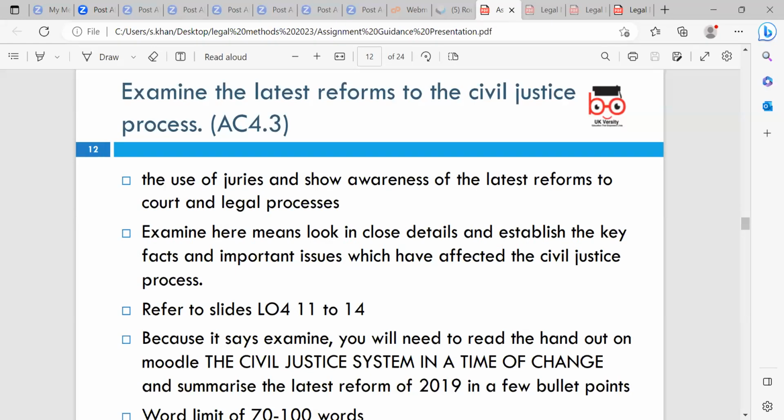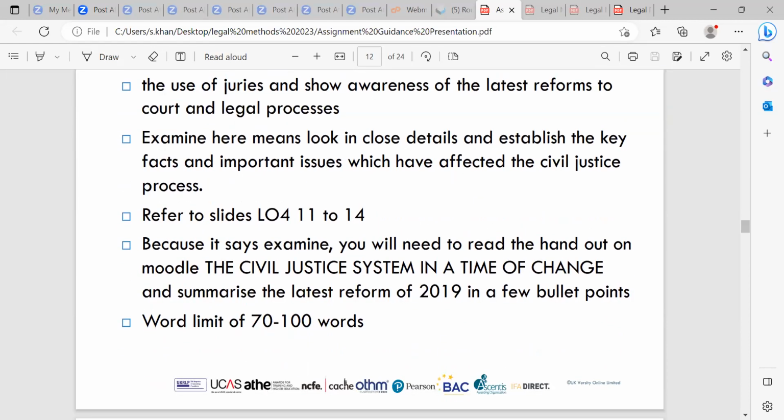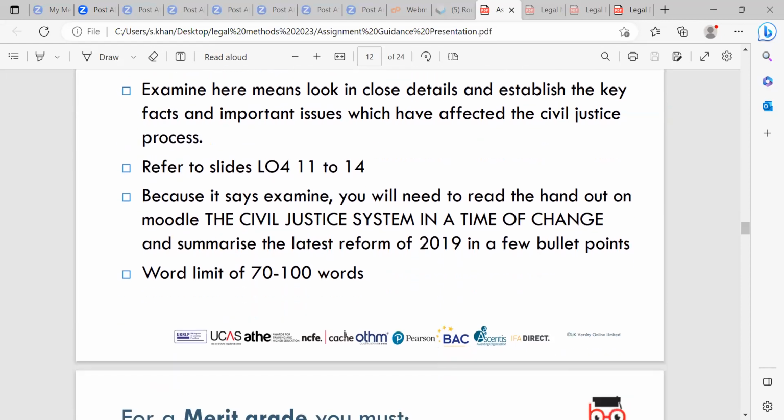You need to refer here to learning outcome 4, slides 11 to 14. Because it says examine, you need to read the handout on the Moodle for the civil justice system in a time of change and summarize the latest reform of 2019 in a few bullet points. Word limit of 70 to 100 words.